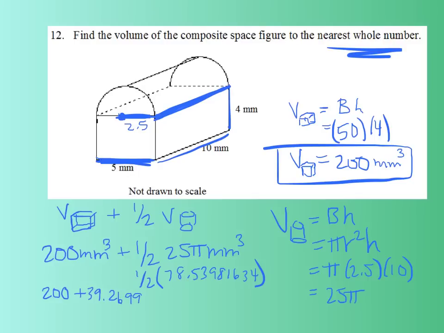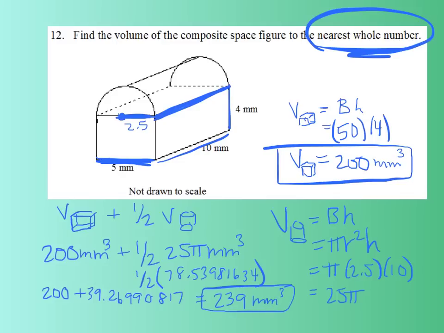So let's add that to 200. Now it does say round to the nearest whole number. So when I do that, my answer is 239 millimeters cubed. That's the volume of that entire composite figure when I add the volume of my prism plus half of the volume of my cylinder.